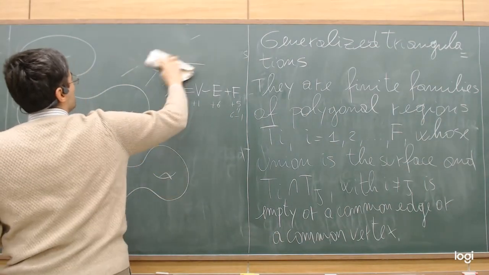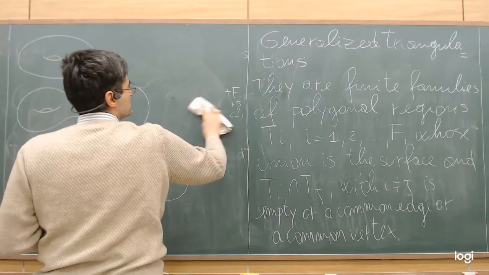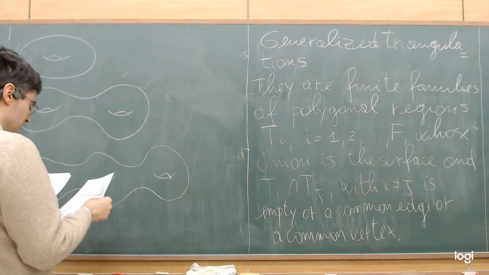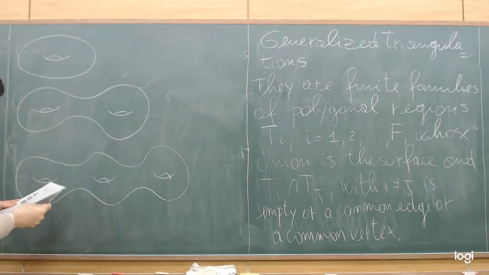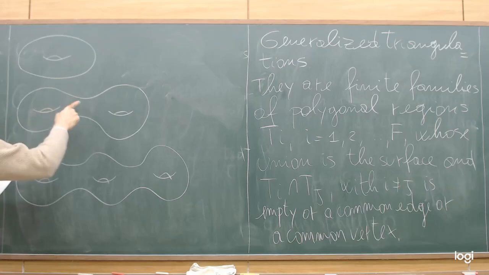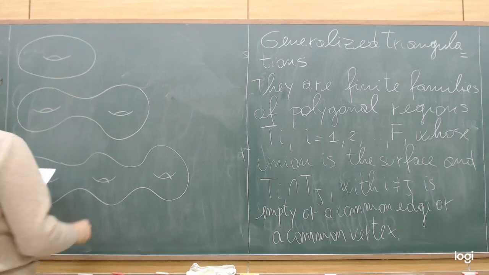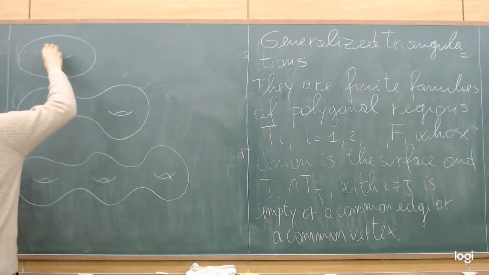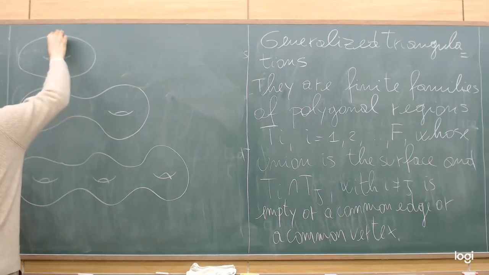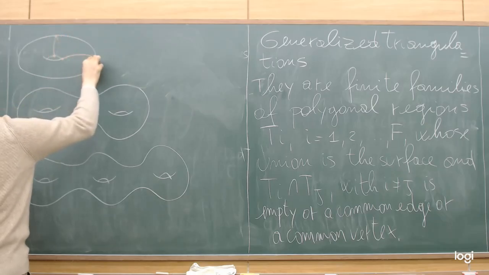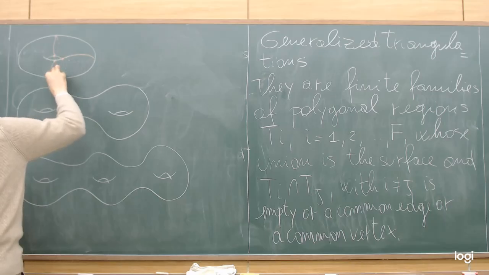We use now generalized triangulation for finding the Euler characteristics of this kind of surfaces. So for this surface here, we can use this generalized triangulation.